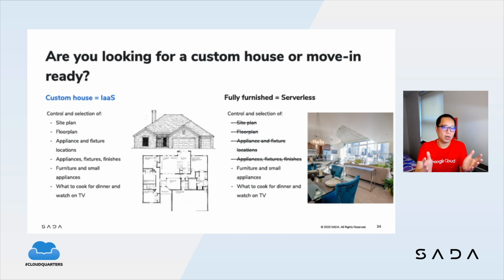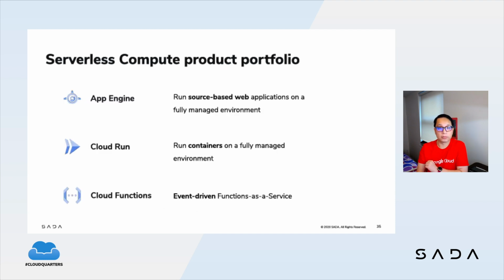This is called a custom house, or equal to infrastructure as a service. But when you do serverless, it is just like a fully furnished serviced apartment. I just give you a requirement. I want 2 bedrooms, 3 bedrooms, and then I just move in. And when you move in, all the site plan, floor plan, and furniture is all available. What you have to design is how you enjoy and leverage this service to enjoy your life within this house.